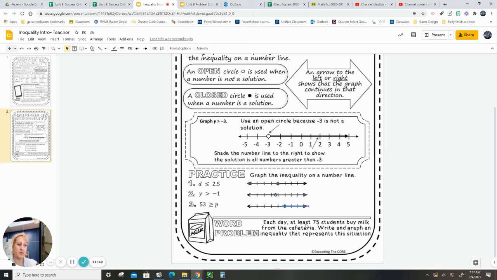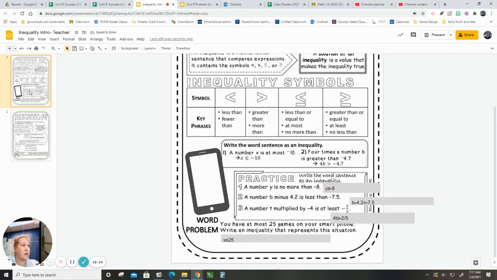Word problem. Each day, at least 75 students buy milk from the cafeteria. Write and graph an inequality that represents the situation. We don't have a text box, so we'll have to put in the text box by clicking text box, typing it down here. And I'm going to say at least 75, and I'm going to put M, at least 75 students. So I can go back over here, check.